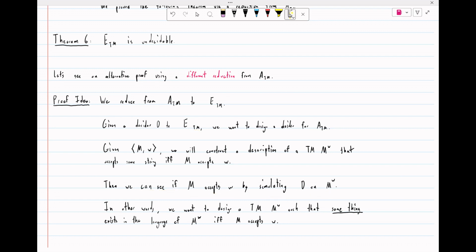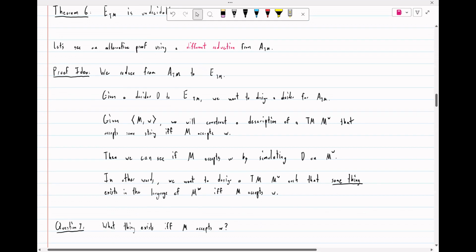that I construct. In other words, we want to design a Turing machine M_W such that something exists in the language of M_W if and only if M accepts W. All right. So forget everything else.